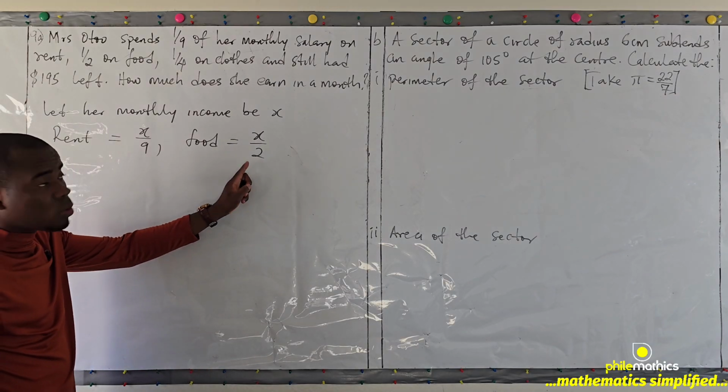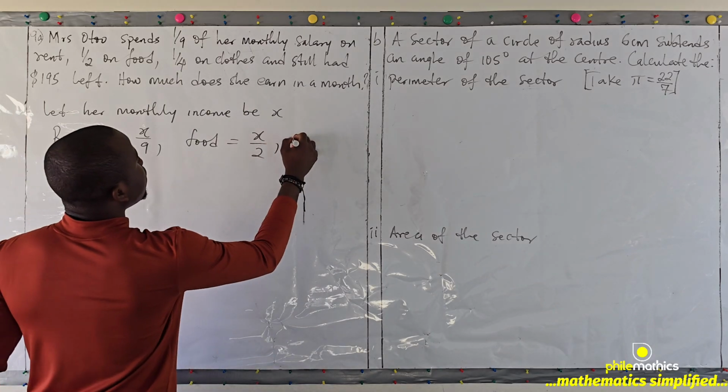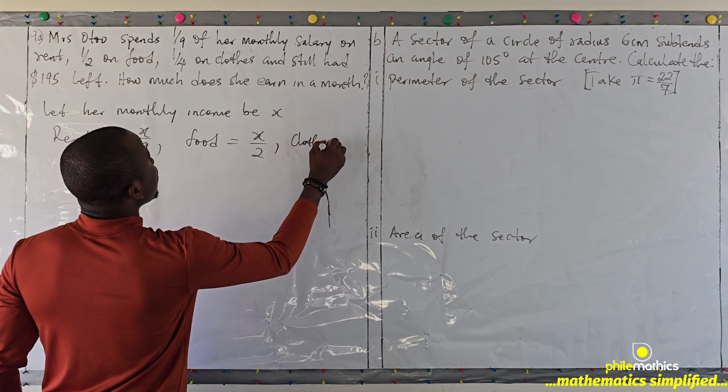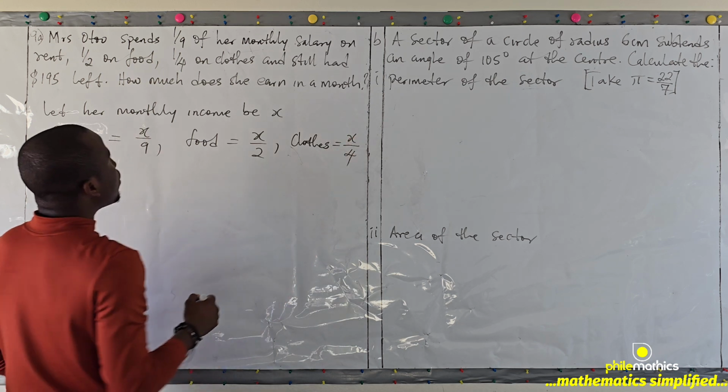She eats a lot. Anyways, clothing consumes X/4.